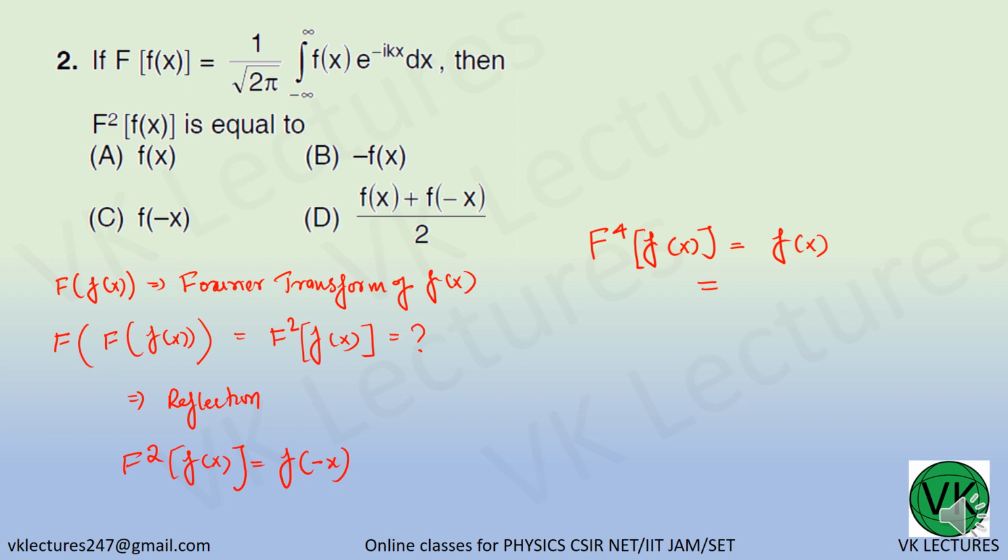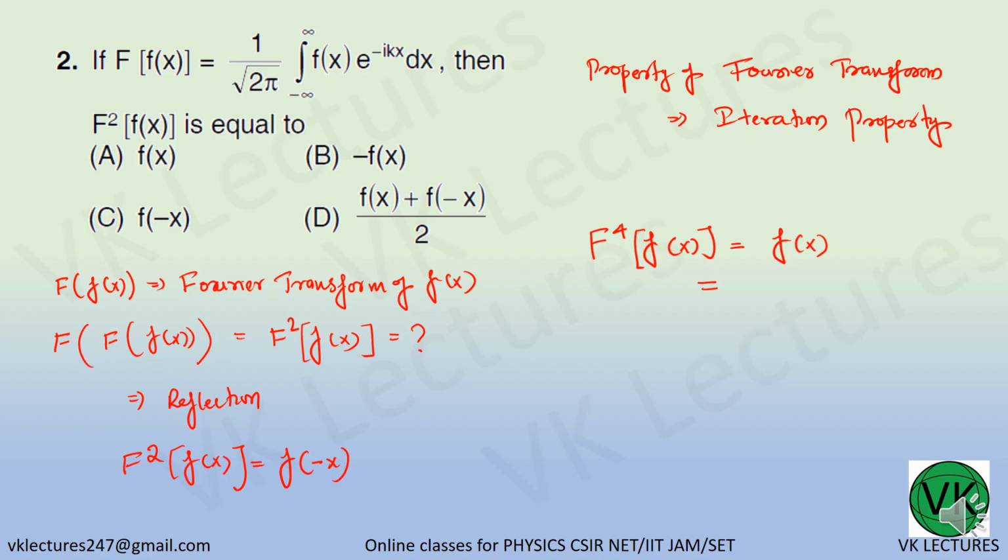This is a property of the Fourier transform known as the iteration property. Two iteration properties are there.